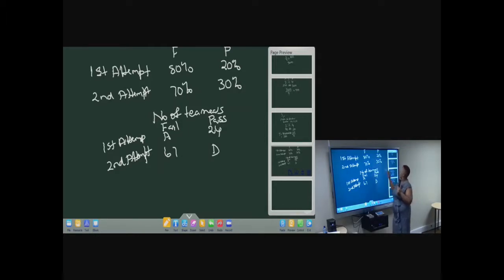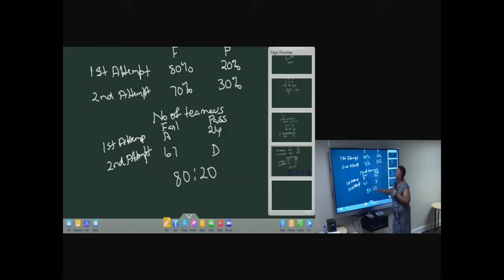The first attempt, the ratio is given as 80 to 20. You can write it as a ratio because if it's written in percentages, its total is supposed to be 100%. So 80 is to 20 is your total. Then that is your first attempt.